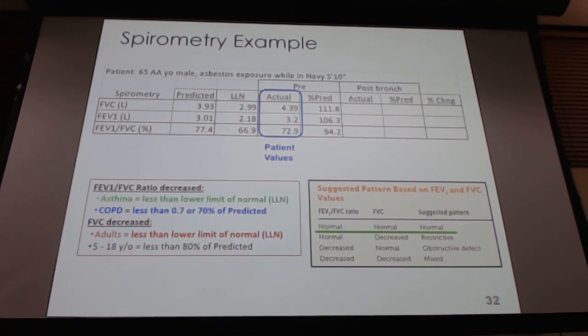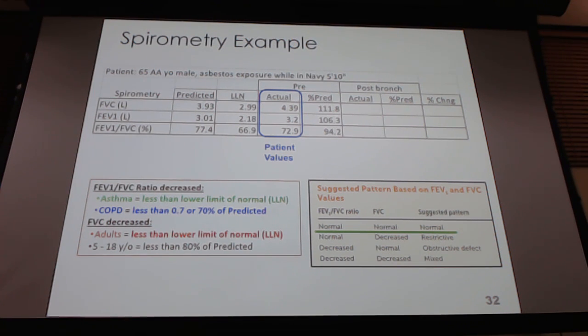So it's a little hint for you: if you don't see it, then think restrictive. I mean, check yourself, but usually they only do this if there's evidence of obstruction. And evidence of obstruction would be the FEV1/FVC ratio being below the lower limit of normal, which here it is not.